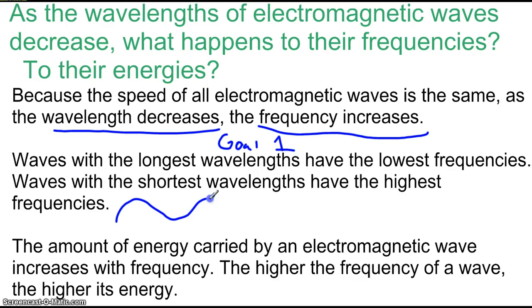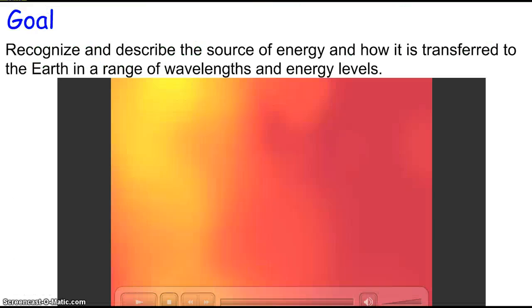Okay, quick visual. Okay, and we can see that. High frequency, which would be this one, small wavelength. Low frequency, big wavelength. The amount of energy carried by an electromagnetic wave increases with frequency. The higher the frequency of the wave, the higher its energy.